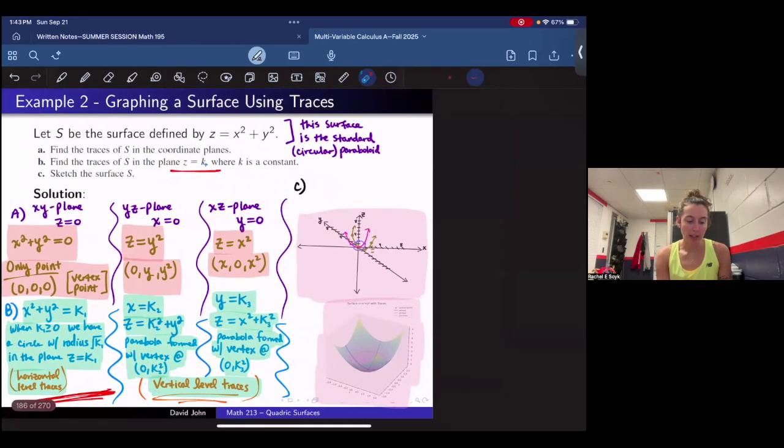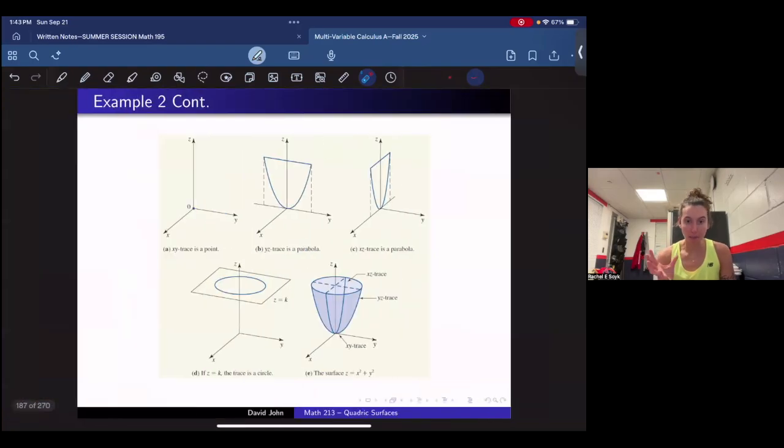And then another way to really look at them separately, the vertical level traces and the horizontal level traces, is through these visuals, where we have our YZ trace as our parabola, our XZ trace is also a parabola, and then our XY trace is a point.